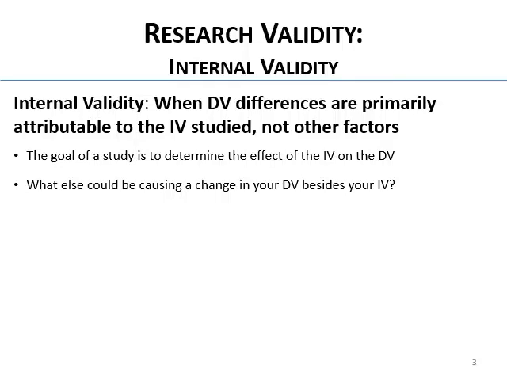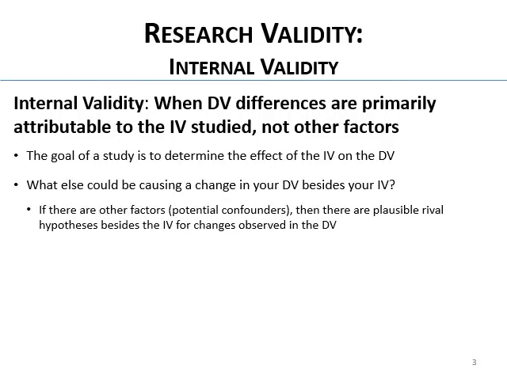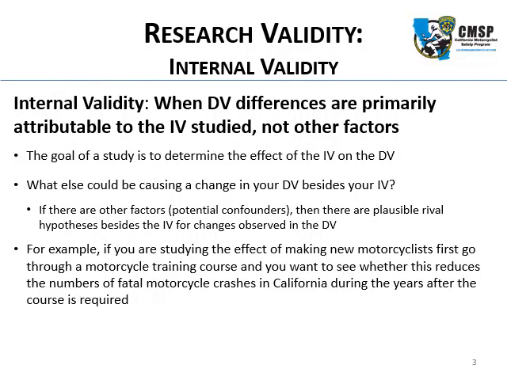Those are the things you need to control for or adjust for in order to ensure that you have good internal validity. So if there are other factors, and we call those potential confounders, then there are plausible rival hypotheses besides your independent variable that can explain any changes that you see in your dependent variable.